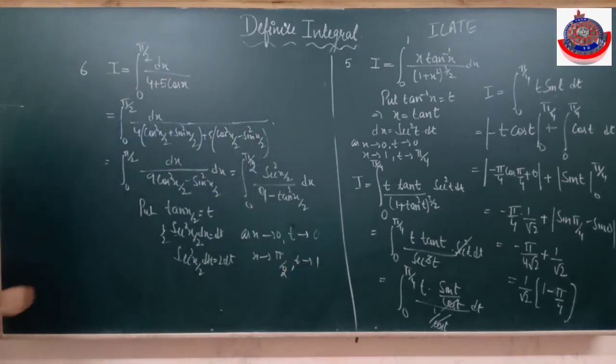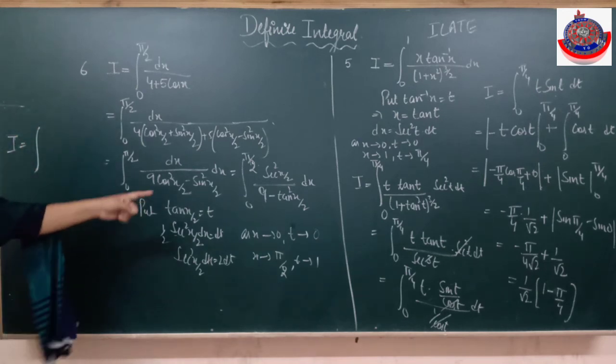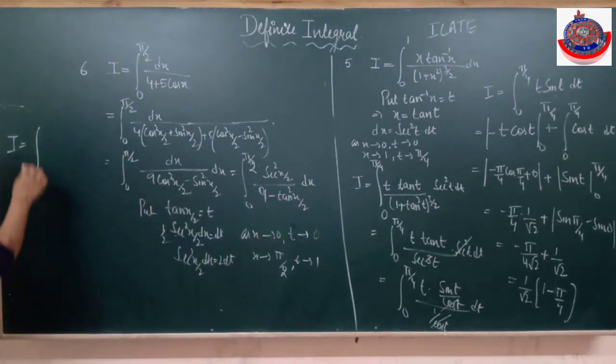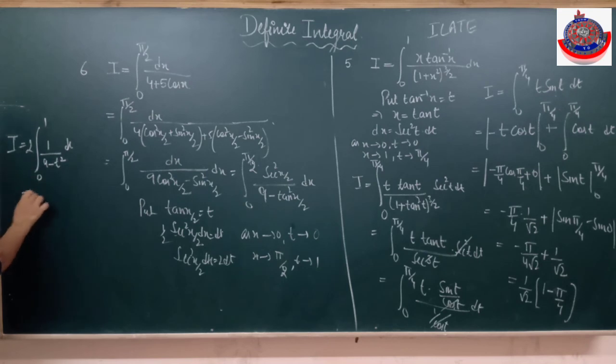Clear? So now my question has become I equals, secant square x by 2 dx is 2 dt, so 2 I am taking out, upon 9 minus t square. Limit is 0 to 1.